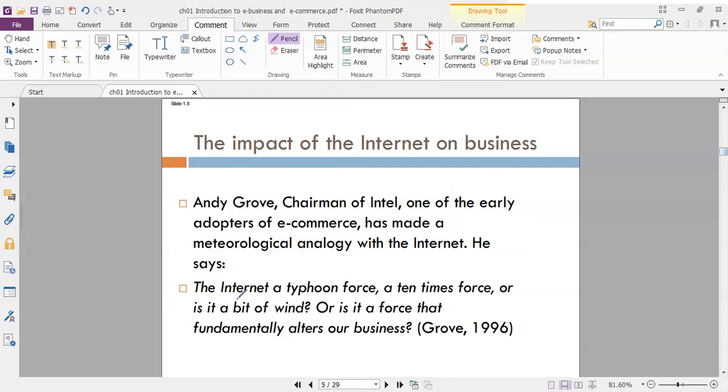He says the internet is a typhoon force, a force that fundamentally alters our business. Intel is one of the businesses that started using the internet, meaning they buy their products via the internet, online.